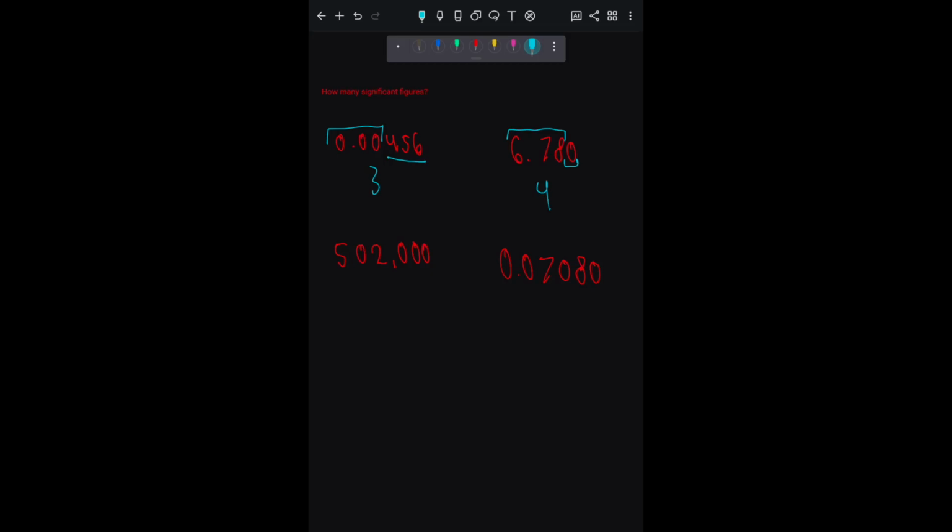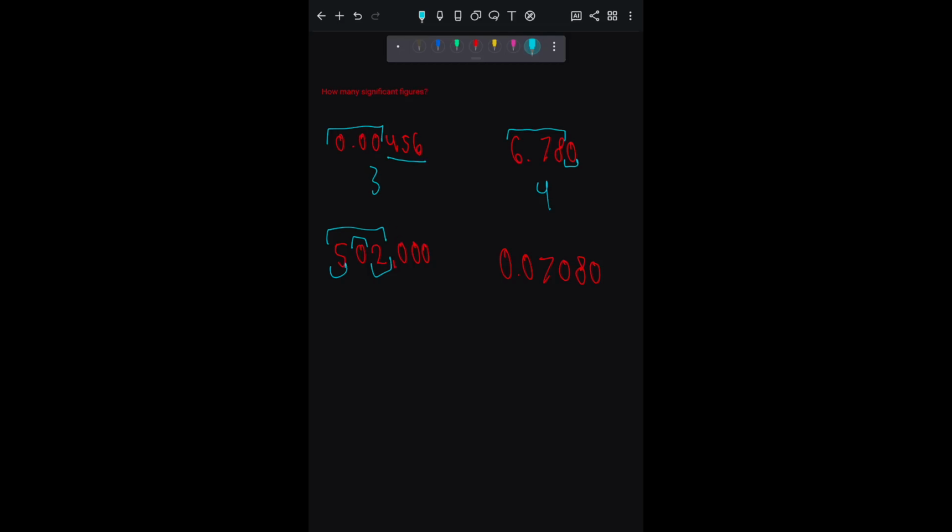What about 502,000? Okay, I was expecting to read more of the number, but it's just 502,000. Well, we know that there's at least 2, right? What about the 0 in between the 5 and the 2? Well, because it's between 2 non-zero numbers, this is significant. So all these 3 are significant.